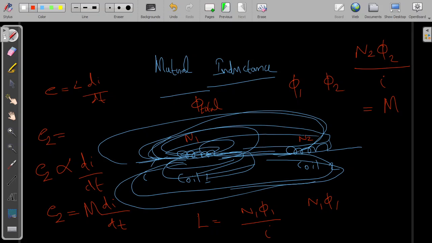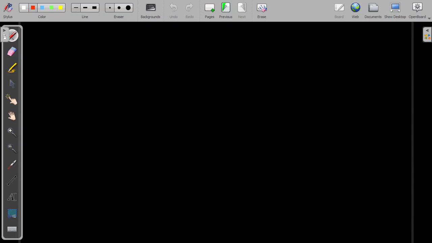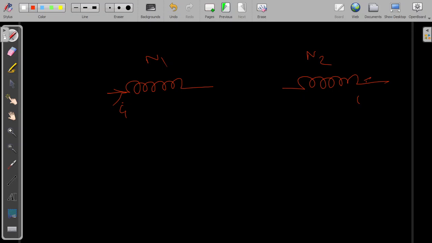Okay, and if you consider another case, two coils having N1 and N2 number of turns, and these two coils are carrying current. Coil 1 is carrying a current I1 and coil 2 is carrying a current I2 in this manner.